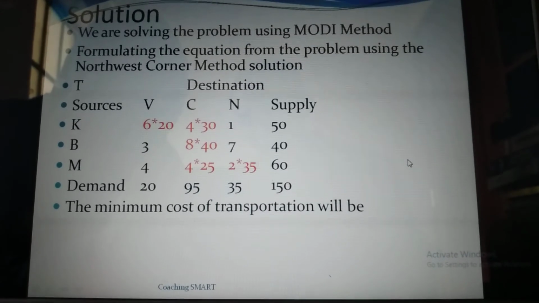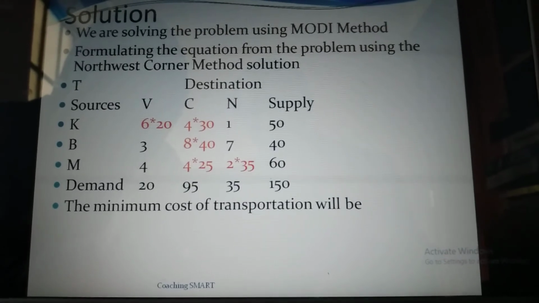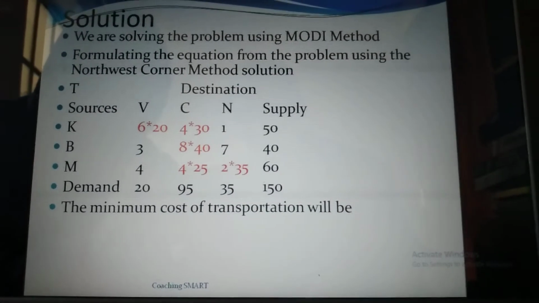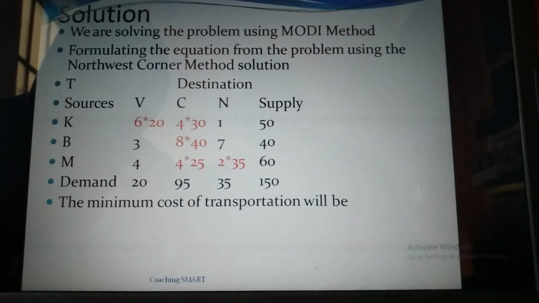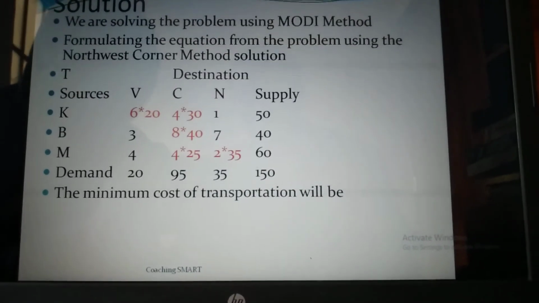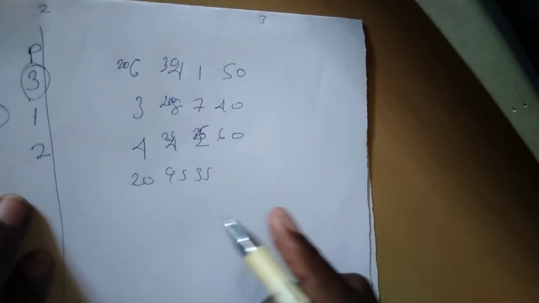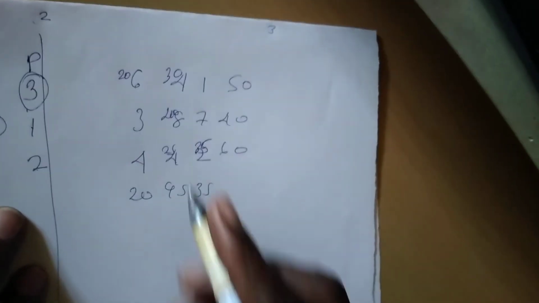So we put 20, 30, 40, 25, and 35. Already we have our table here for solving the problem as far as the northwest corner method is concerned.